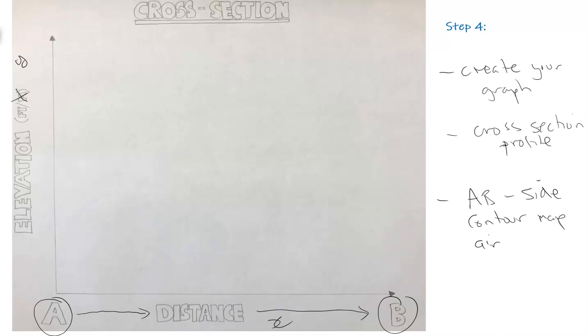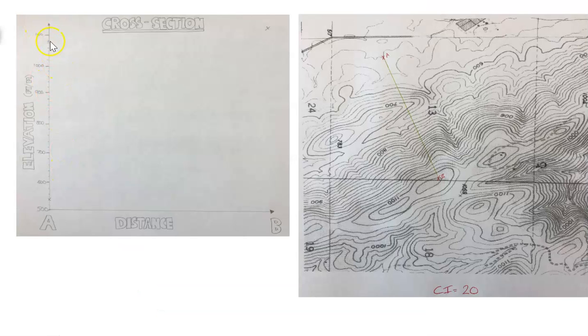Now what you want to do is first establish and create your y-axis for elevation with the exact or close to units of measurement. So on the left here, I've added my units for the y-axis, starting at 500 feet up to and above 1,100 feet.